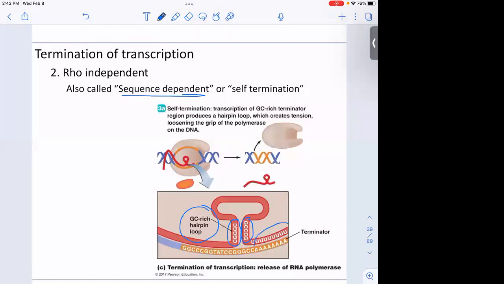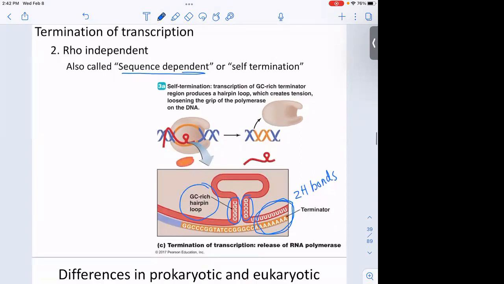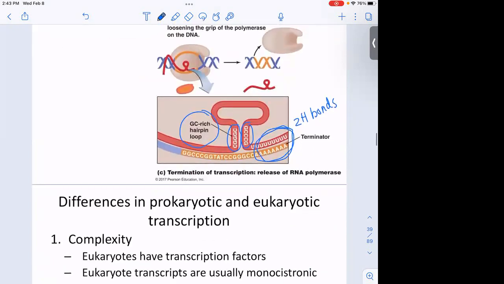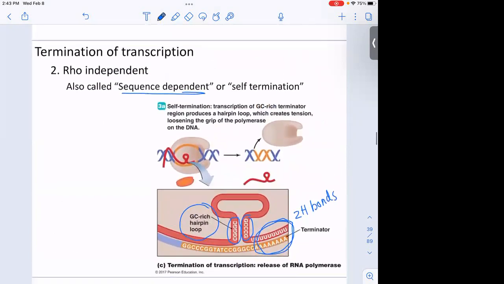And in addition, there's usually some AU rich sequences here, which remember 2 hydrogen bonds instead of 3 that the C's and the G's would have. So this little weakness here, in addition to the mechanical strain imposed by that hairpin loop, causes dissociation of RNA. So that's termination of transcription.